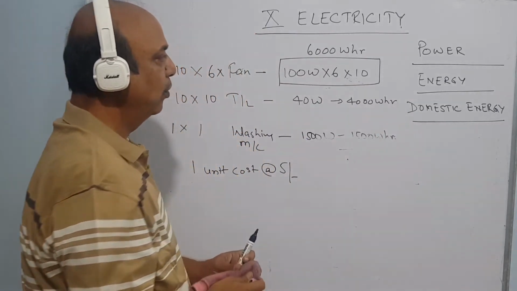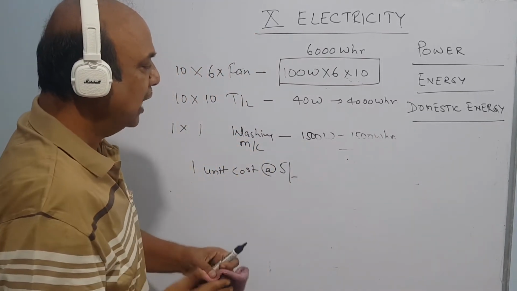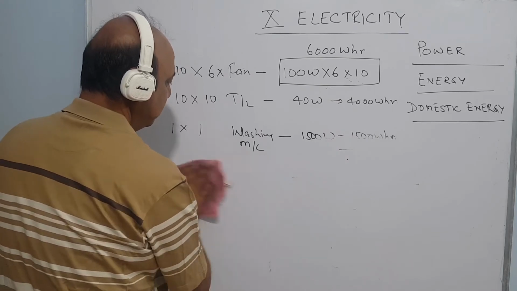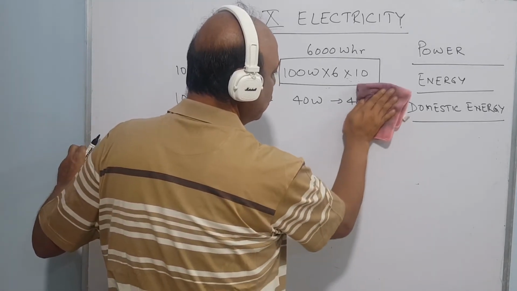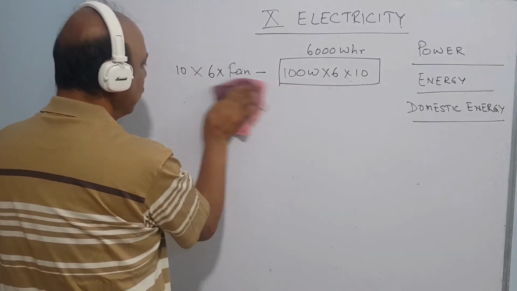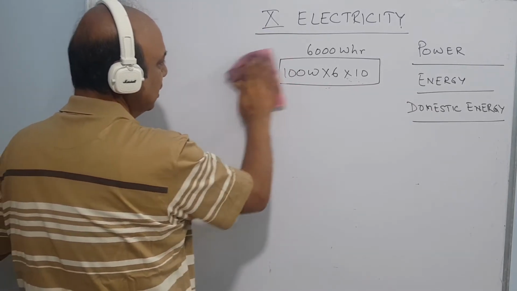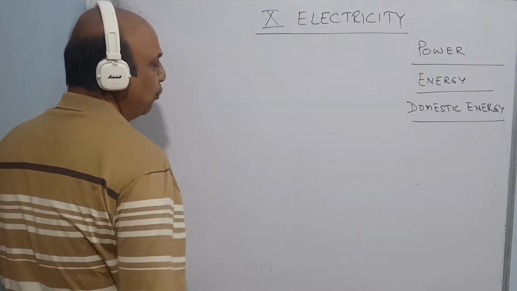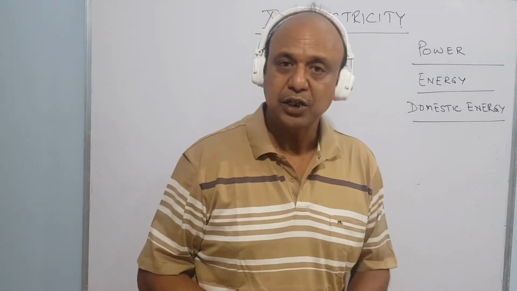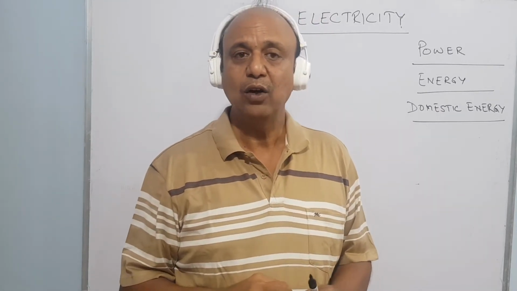Now, as we had discussed earlier, electricity is used for many things. We convert electricity into mechanical energy, we convert electricity into heat energy, we convert electricity into chemical energy, we convert electricity into many different forms of energy.